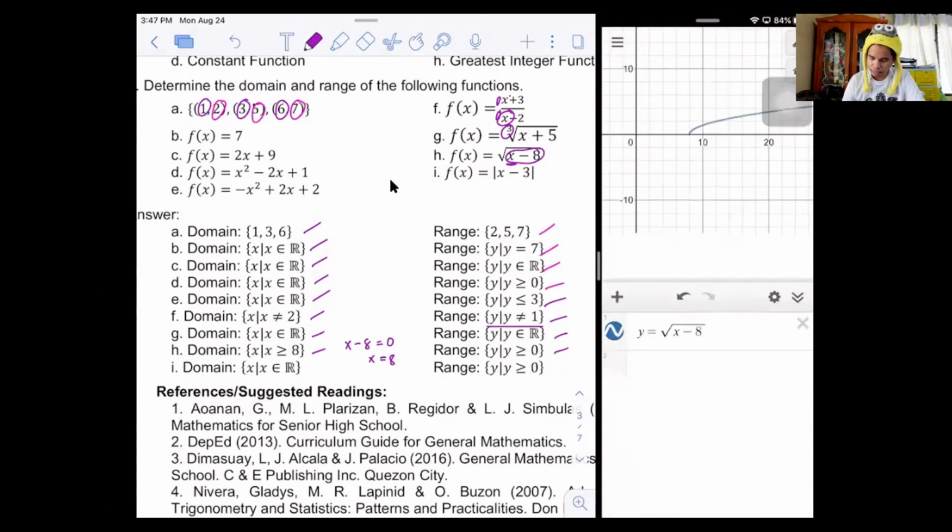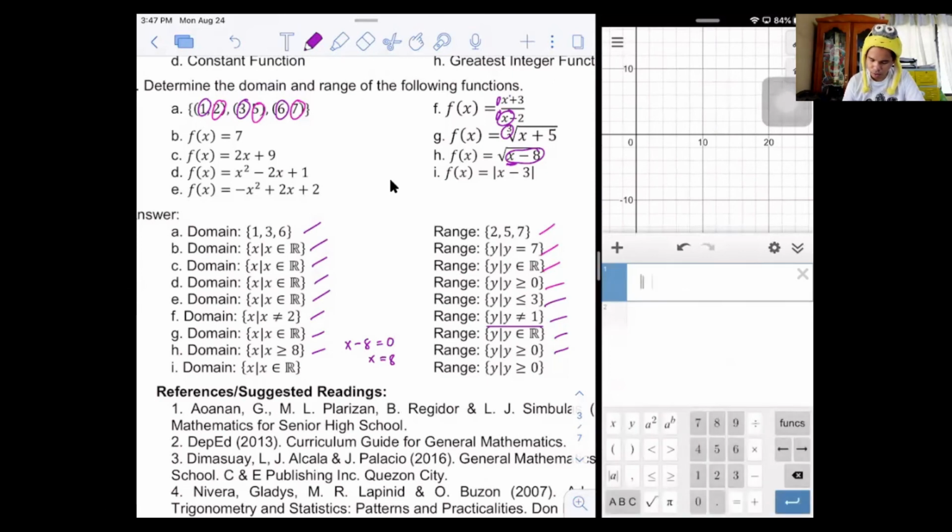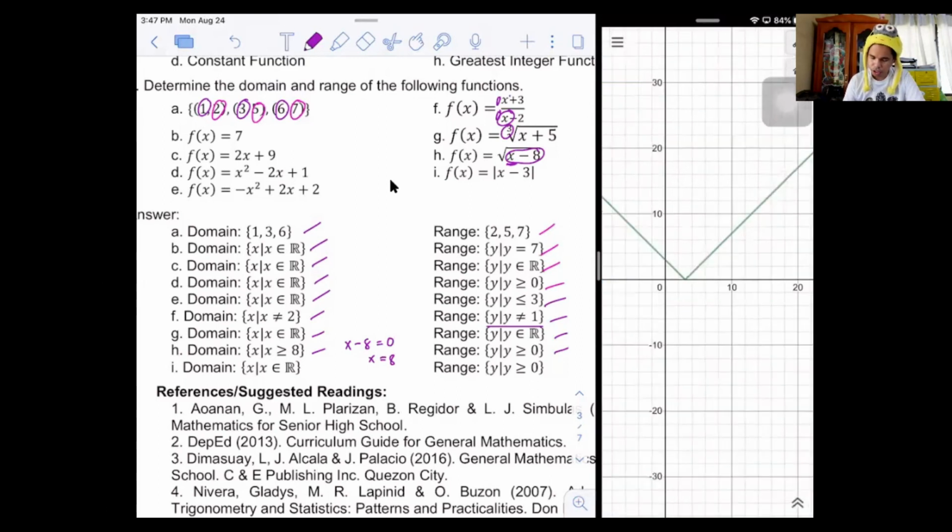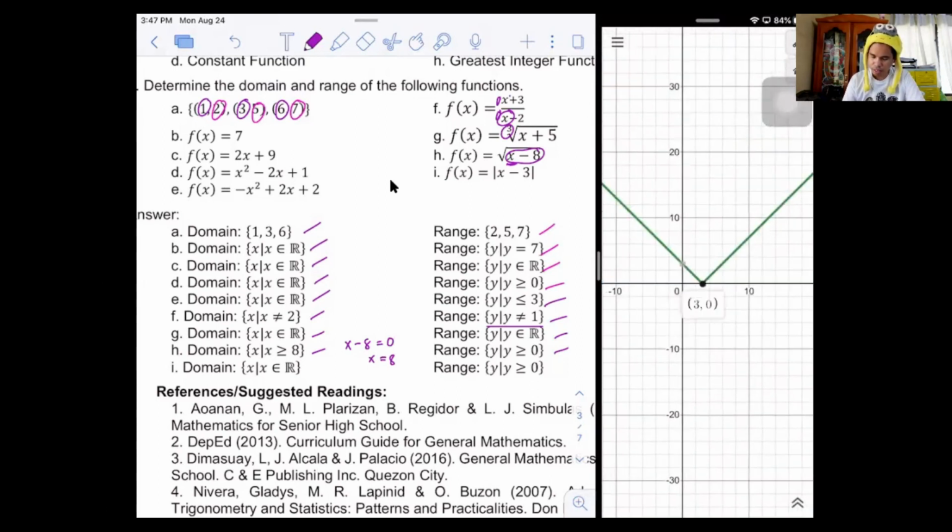So for the last item, we have here absolute value. So absolute value of x minus 3. So the shape is letter V. This is somewhat like the vertex. And then this is the vertex slash x-intercept. And then the other one is y-intercept. So for the domain, all real numbers.